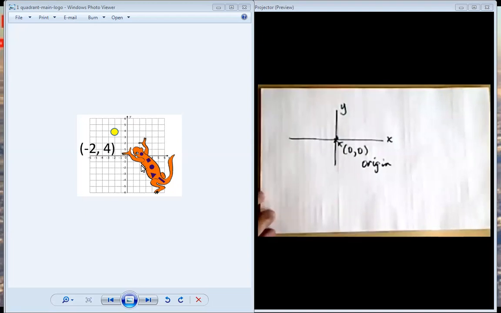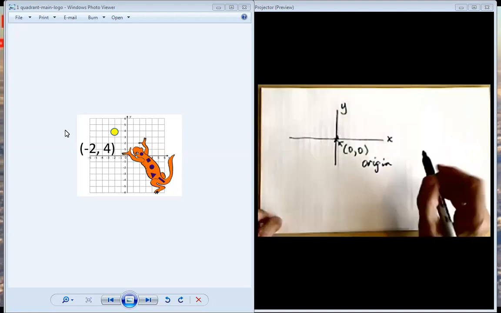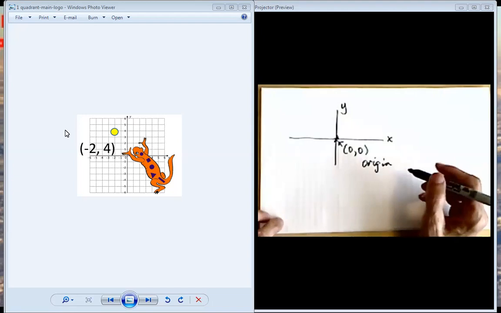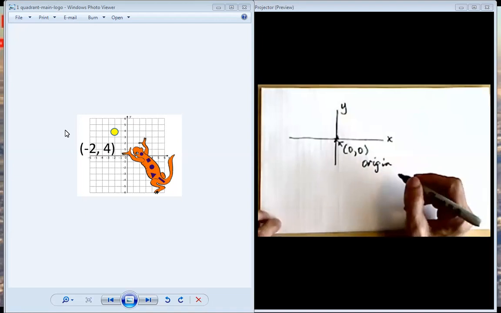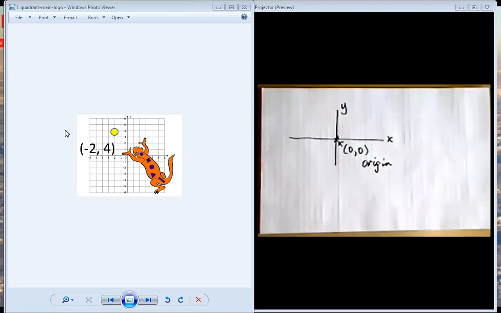Okay. Now, if you look on the screen, the yellow dot is right over there. So before we look at the math, just in English first, what direction would that salamander have to go in order to get to the yellow dot there? If he's starting here, he's going to go over that way and then up to the top.